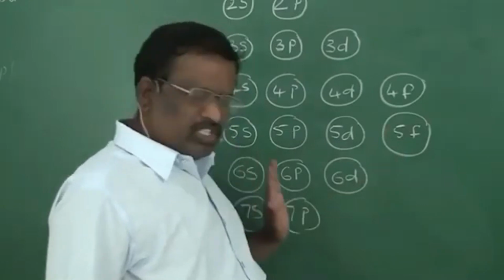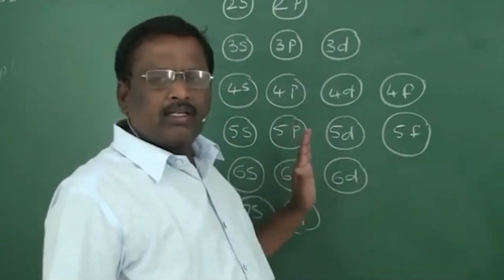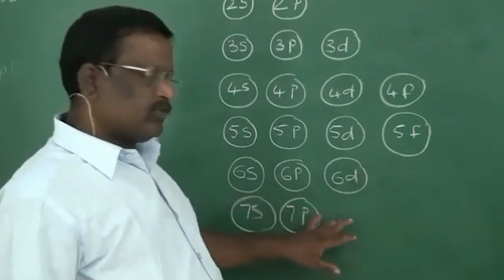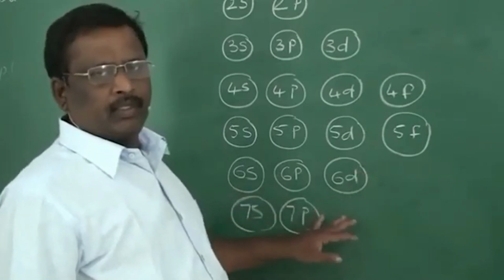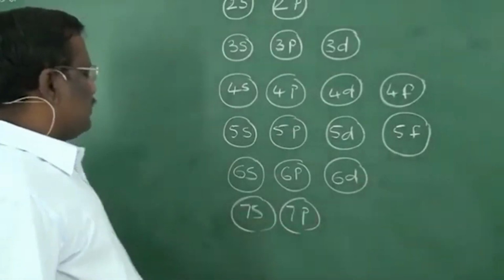These orbitals are sufficient for atoms up to atomic number 160. All atoms' electronic configurations will be within these orbitals. Only 4f and 5f are filled, not 6f. Similarly, there is no space for 7d. That's why I am not writing all those orbitals.